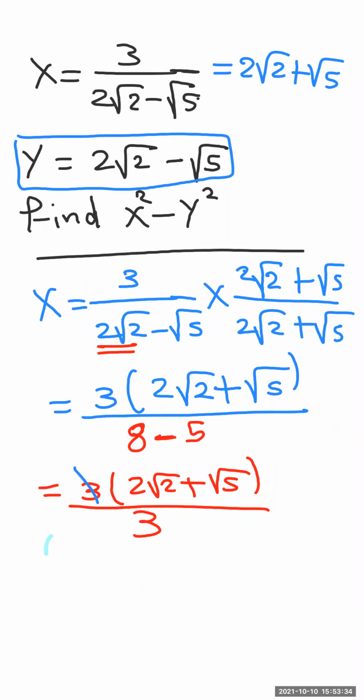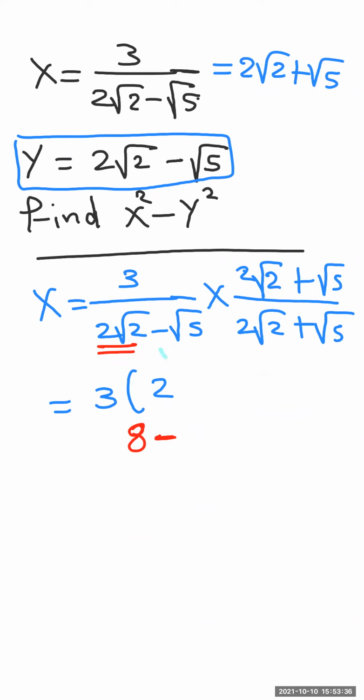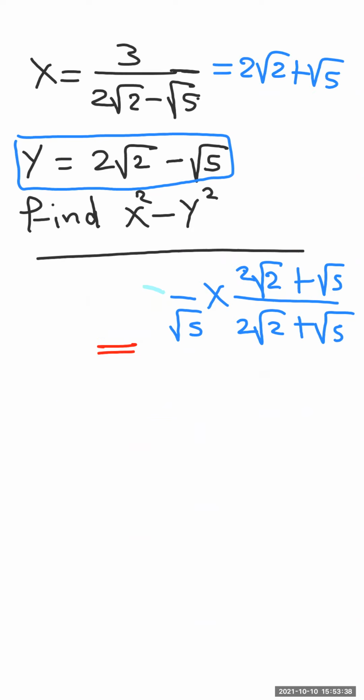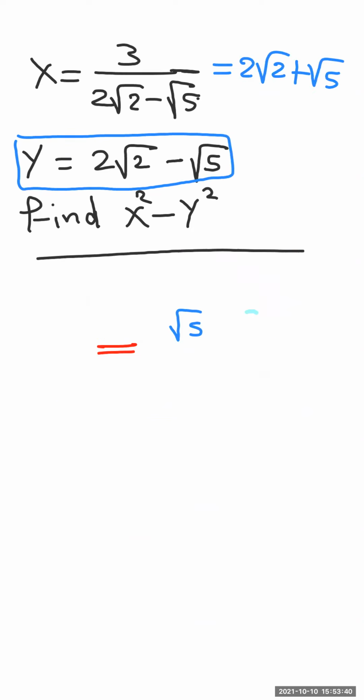Now get the requirement in this question. Actually, we want to get x² − y². One of us maybe will square the value of x, then minus y also squared.